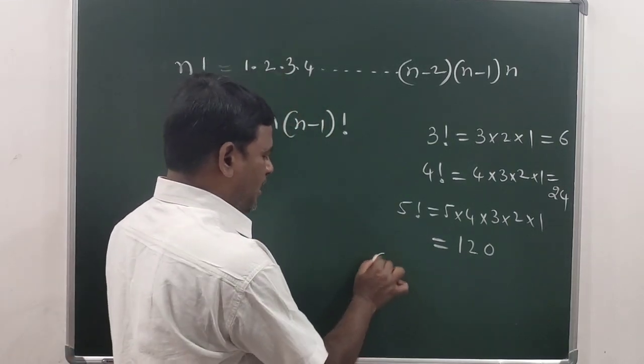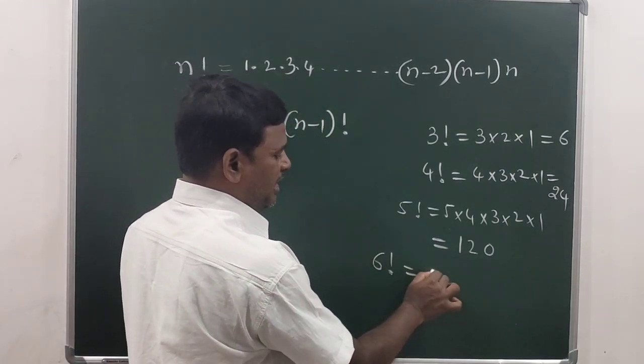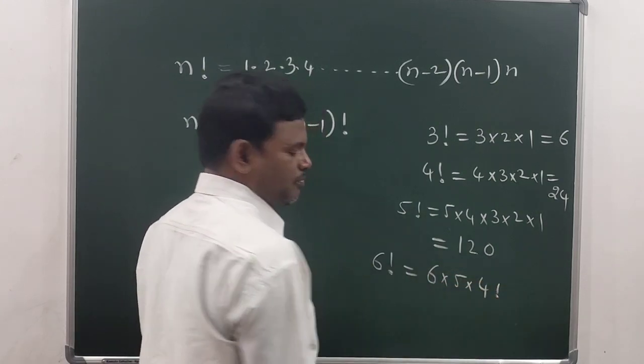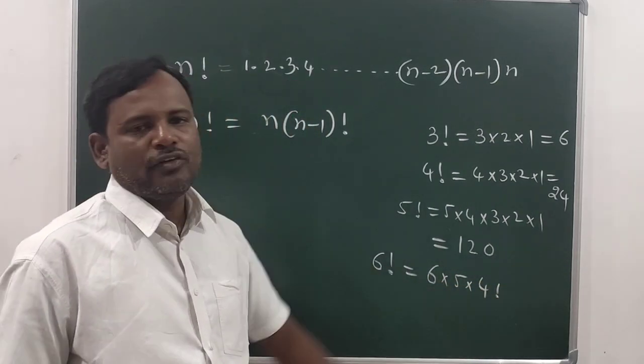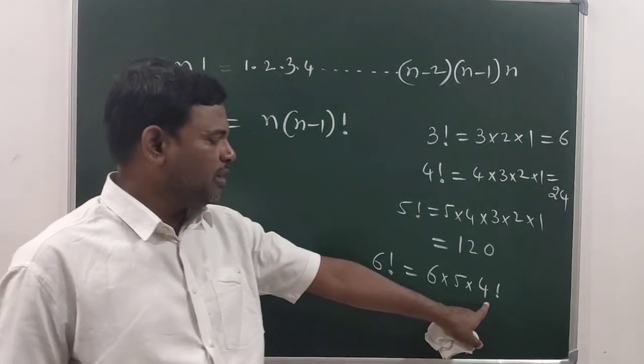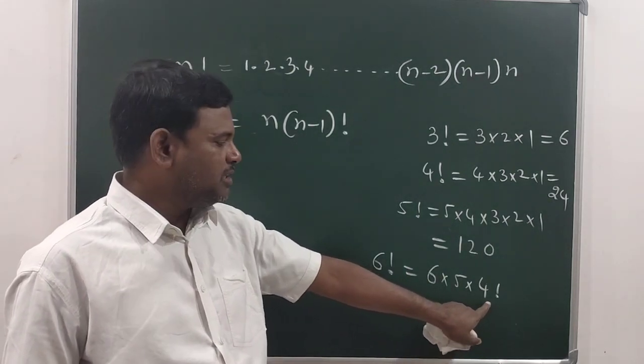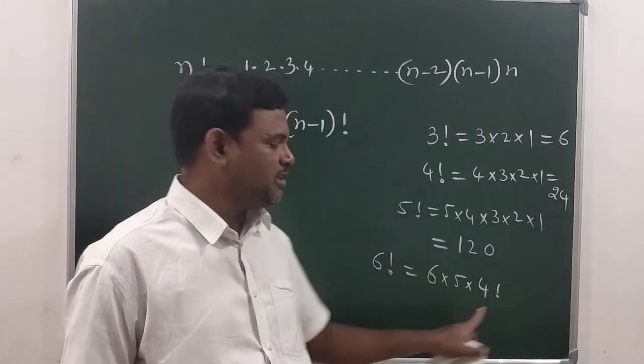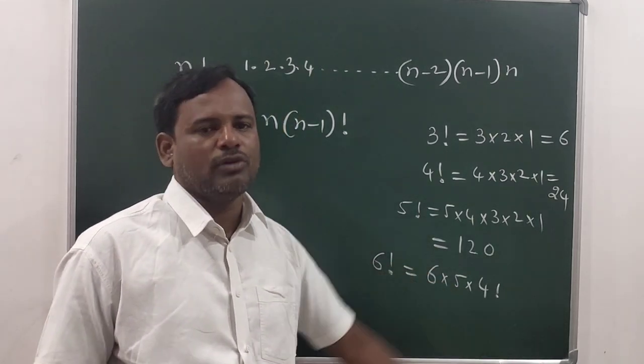So even 6 factorial can be written as 6 into 5 into 4 factorial. Here itself you can stop, because we mentioned the factorial symbol; otherwise you can write 6, 5, 4, 3, 2, 1.